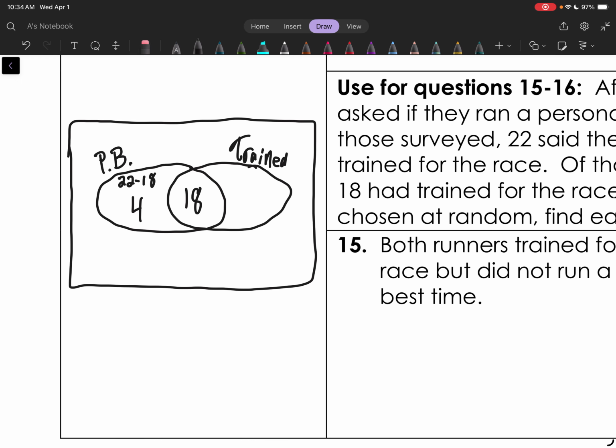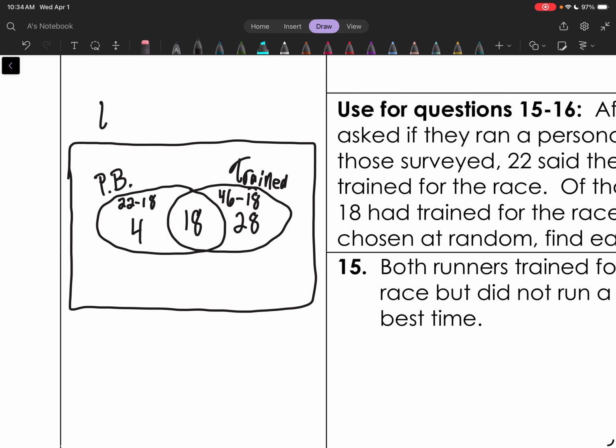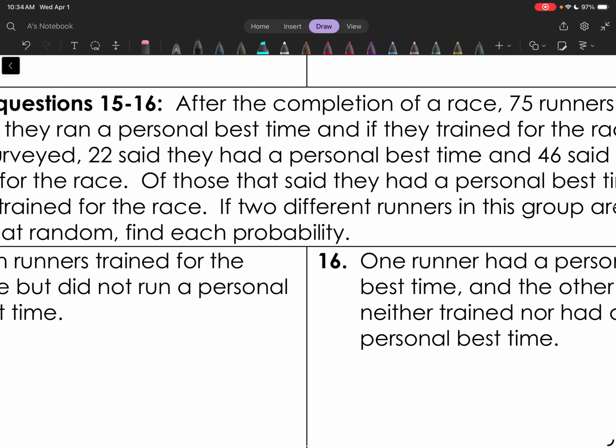46 did train, but I'm going to subtract out the 18. 28 trained but did not have a personal best. Now the total amount of runners was 75, I think. 75.